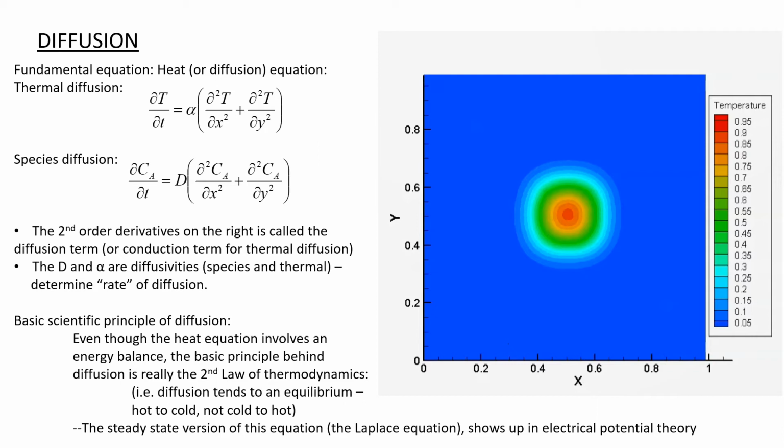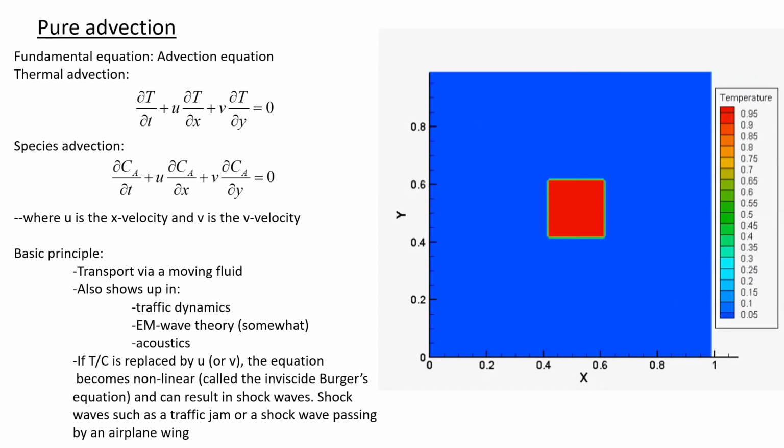So typically, if you want to evaluate the diffusion equation, you're going to do it using a numerical method like the two-dimensional heat equation finite differencing that you coded up for homework 4, combined with another finite difference that captures the rate of change in time. If you were to do that, you'd end up with an animation that looks like the one on the right. So diffusion is equivalent to spreading out.